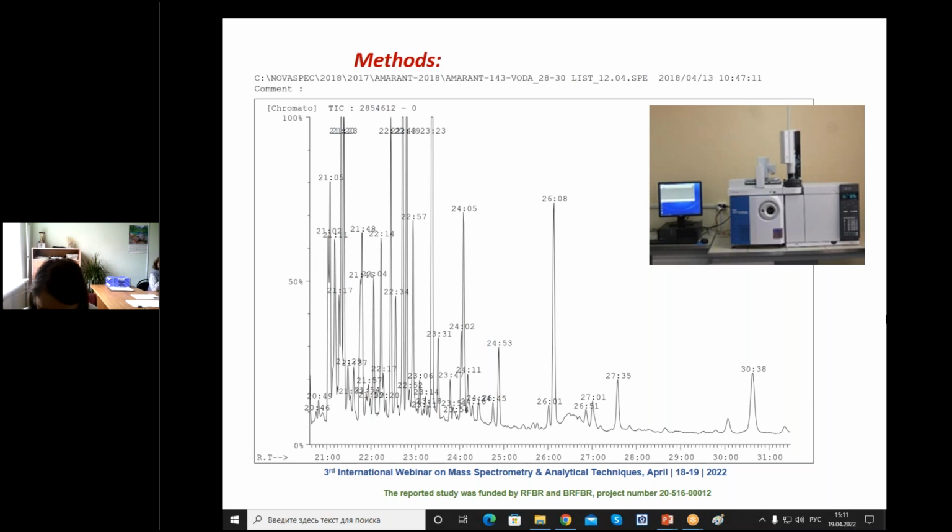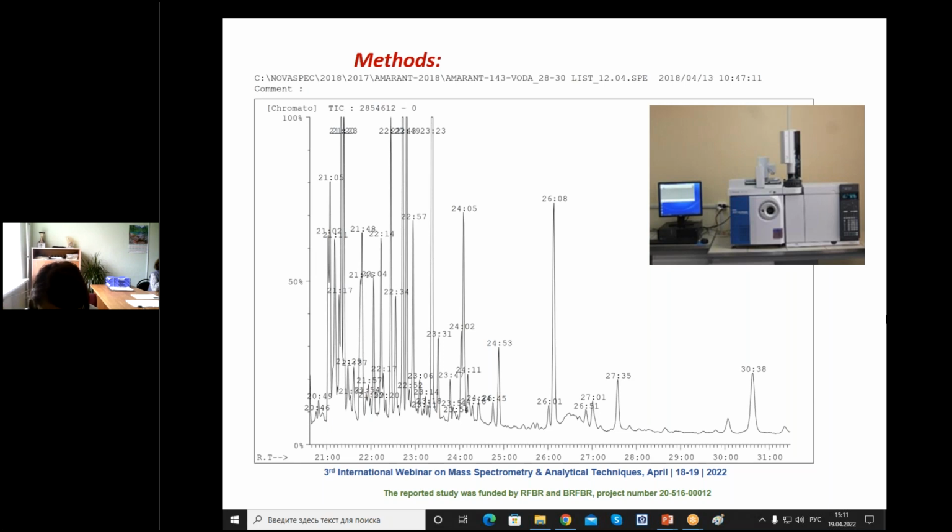We held the temperature at 280 degrees for 40 minutes. The temperature of the ion source was 200 degrees. Helium flow in the column was equal to 2.0 milliliters per minute.